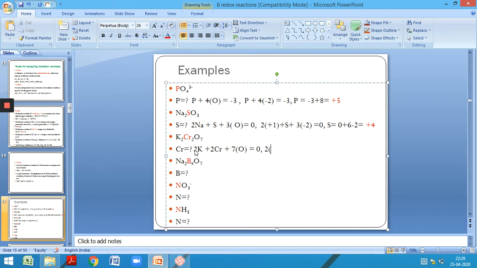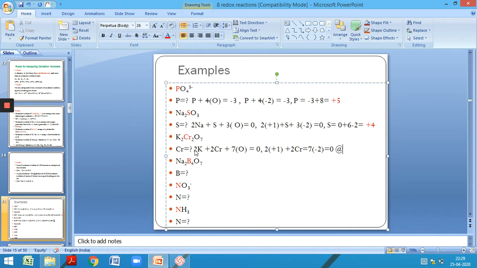Potassium is a group 1 element, so its oxidation number is plus 1. Plus 2 times chromium plus 7 into minus 2, which is the oxidation number of oxygen. This is equal to 0.